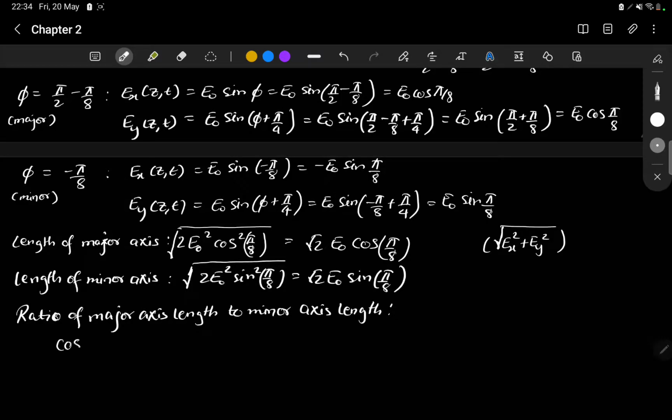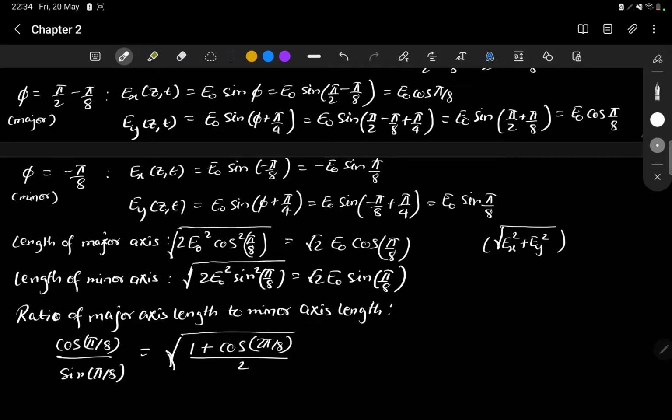It is cos pi by 8 over sine pi by 8. So let us simplify this expression. Cos pi by 8 is basically square root of (1 plus cos 2 pi by 8) by 2.